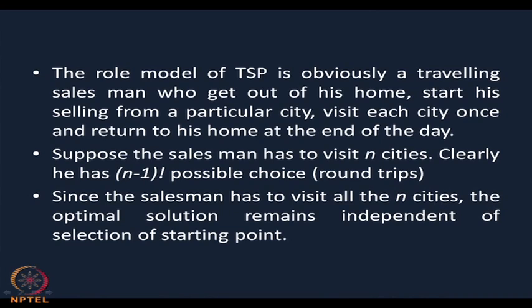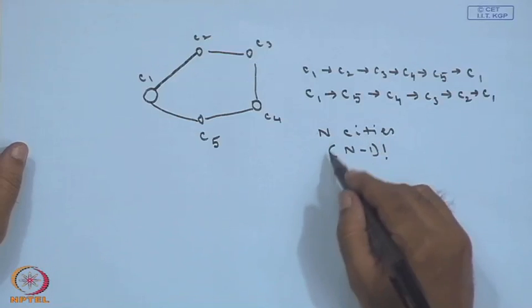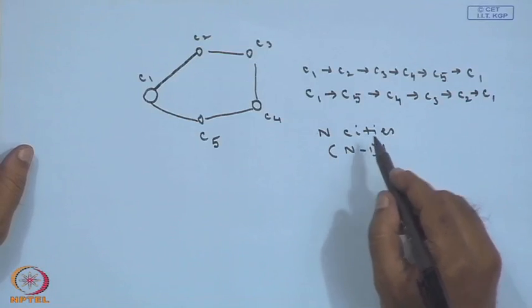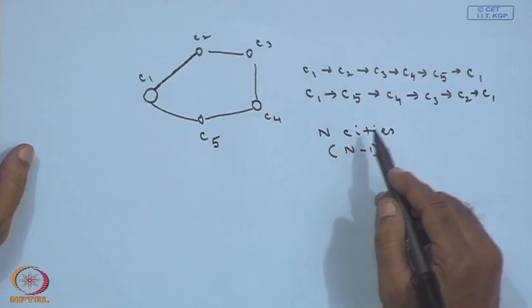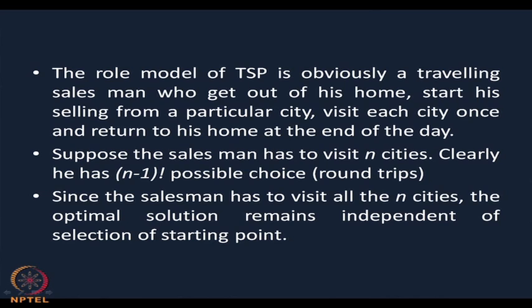So, factorial n minus 1 possibilities are there to cover n cities. So, the salesman has to visit n cities, then he has factorial n minus 1 possible choices. Round trip means from where the salesman is starting, he has to come back.